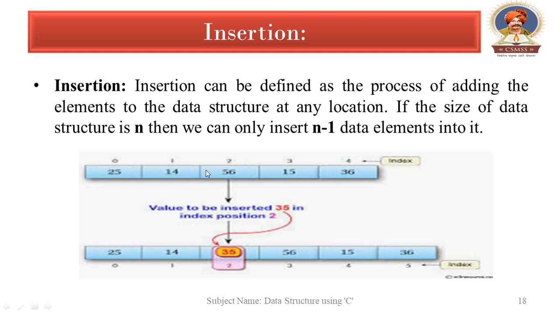For example, here we have to insert the element 35 at the index position 2. So we can insert the element at the index position 2. So such operation is called as an insertion.